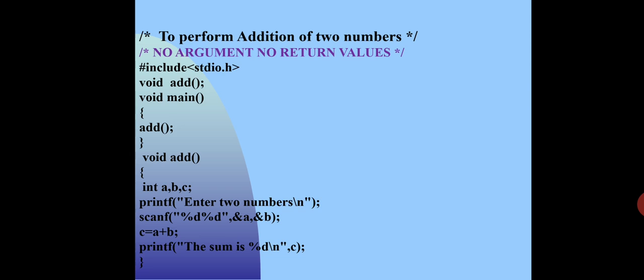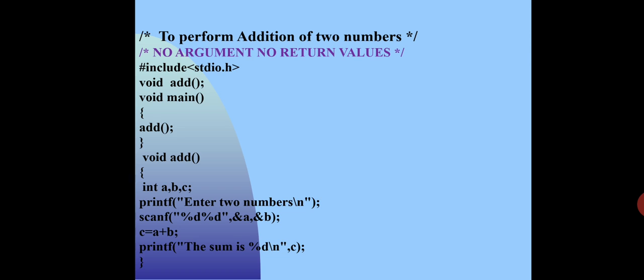So what is happening in the add function? It will read two numbers through the keyboard, add them, store the sum in C, and print that sum.